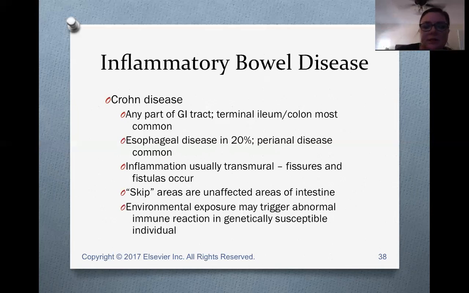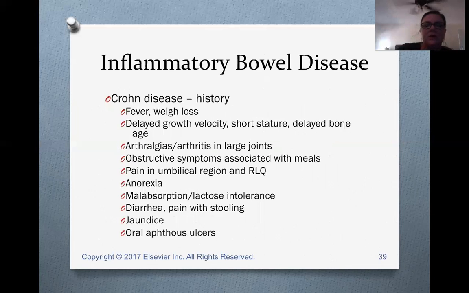And there may be areas of nice healthy bowel, and then there'll be areas of a really inflamed portion of the intestine. And so symptoms of Crohn's disease, certainly weight loss, failure to thrive, frequent abdominal pain.